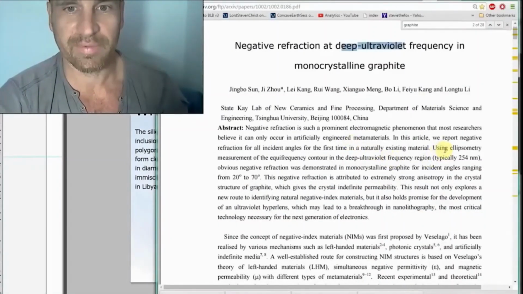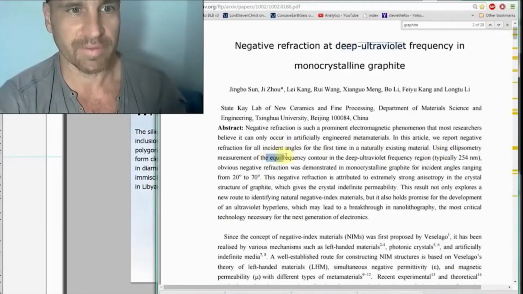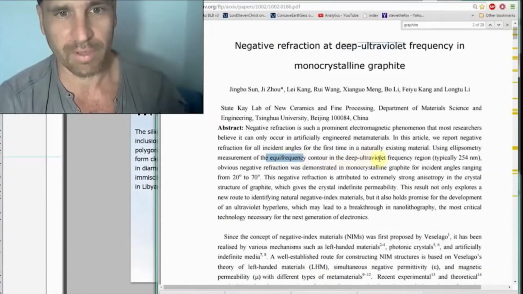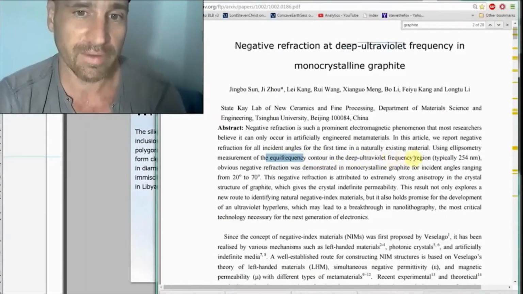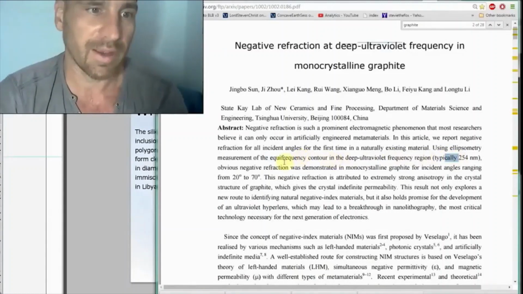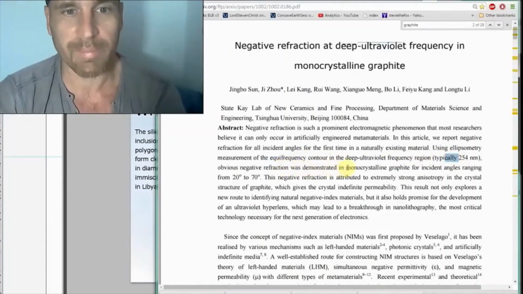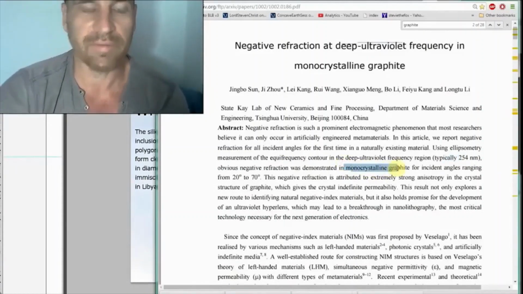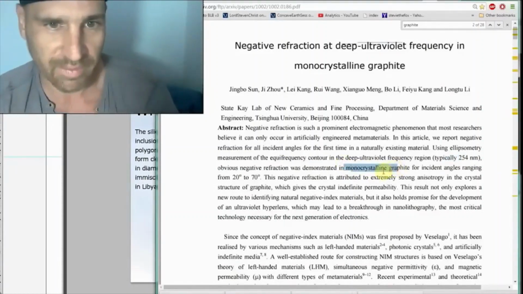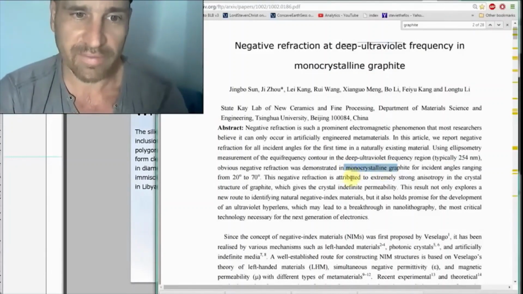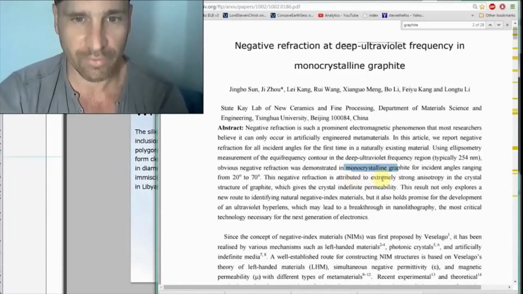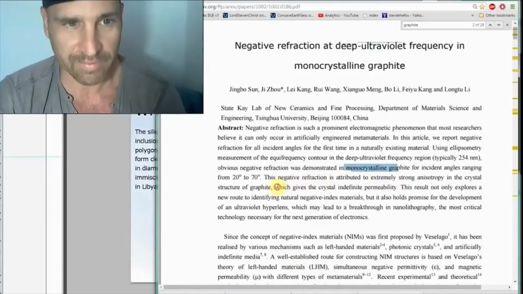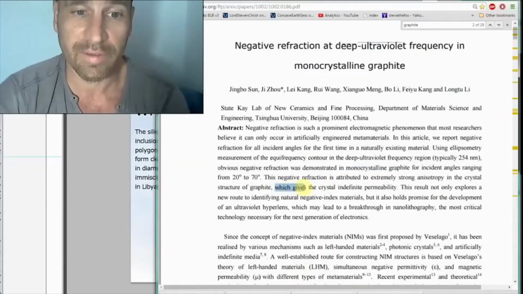Using ellipsometry measurement of the equifrequency contour in the deep ultraviolet frequency region, typically 254 nanometers, obvious negative refraction was demonstrated in monocrystalline graphite for incident angles ranging from 20 to 70 degrees. This negative refraction is attributed to extremely strong anisotropy in the crystal structure of graphite, which gives the crystal indefinite permeability.